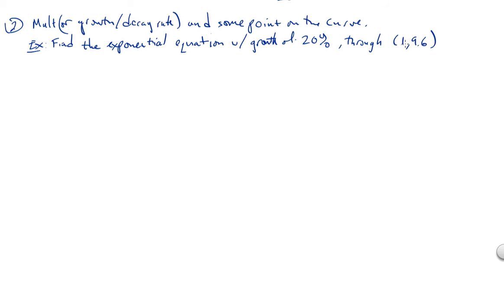Since it's going through a point that starts with a nice whole number on the x, that makes it easier. You can almost trial and error it, but I'll show you how we do that.